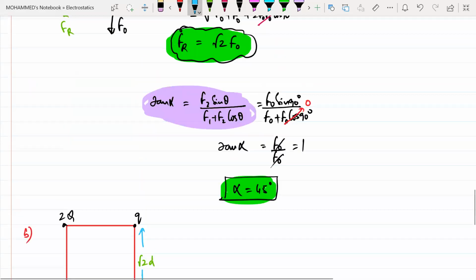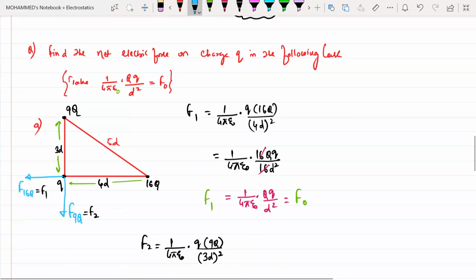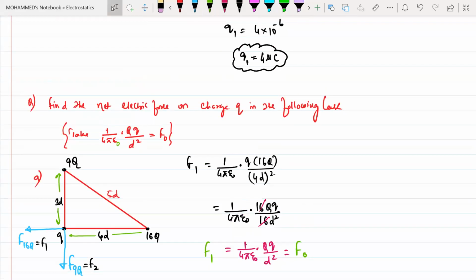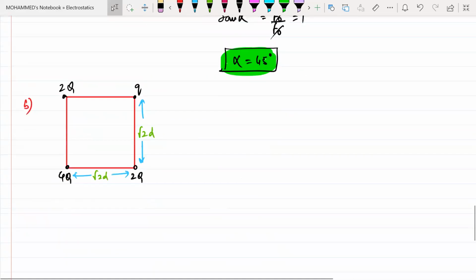Again, the question is the same. What is the question? Find the net electric force on the charge small q in the following case. That means on the small q we need to calculate the force. Now think twice. On the small q, who are exerting the force? You give me an idea. So 2q is exerting, both the 2q's are exerting, sir.